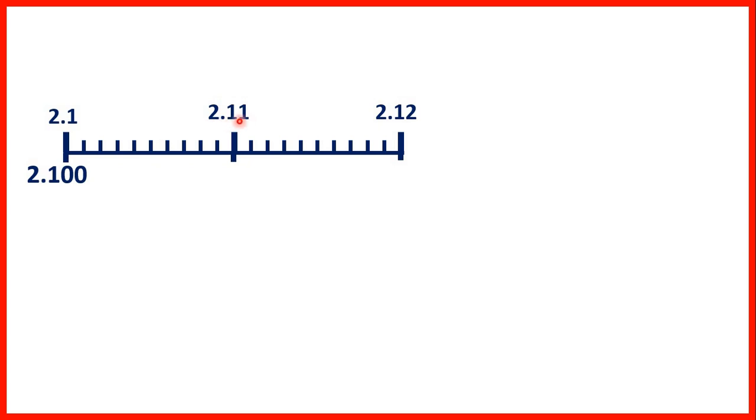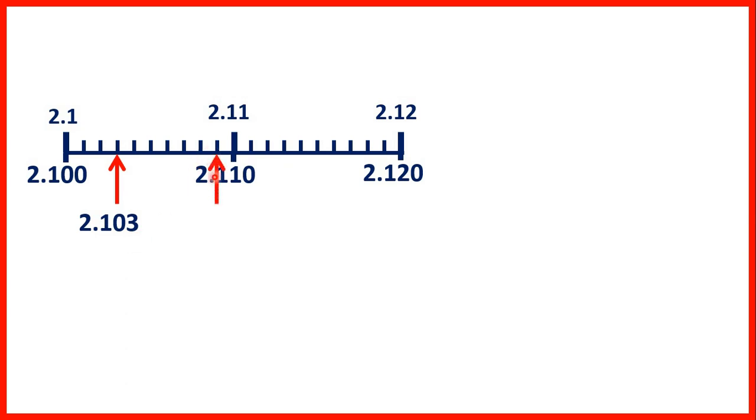For 2.11, we could have written 2.110, so again we've got 3 digits after the decimal point, and then we could have put a 0 on the end of 2.12.